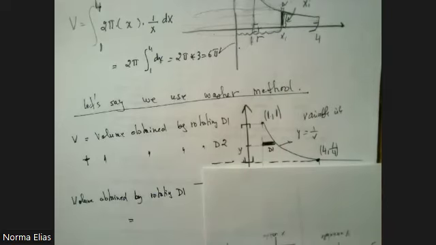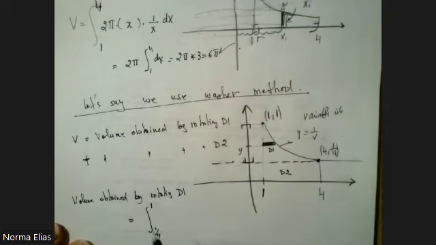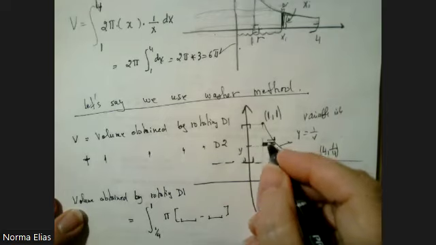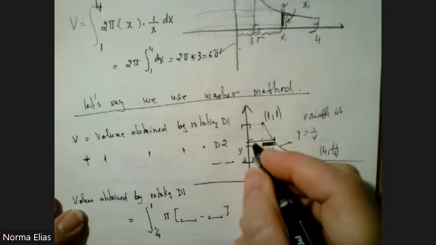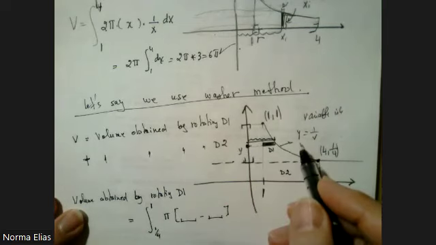It means this is going to be equal to the integral from 1/4 to 1 of pi times the outer radius squared minus the inner radius squared. The outer radius is going to be from here all the way to here, meaning the horizontal distance from the axis of rotation to the outer curve.